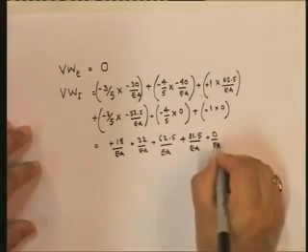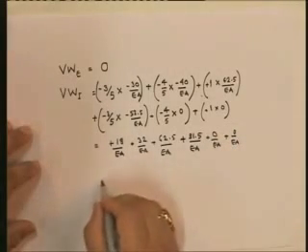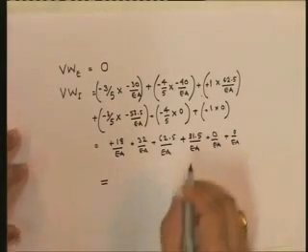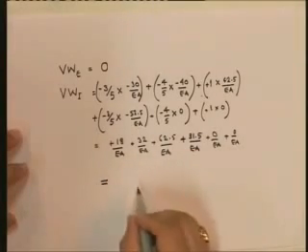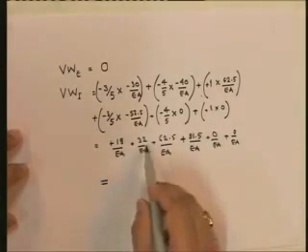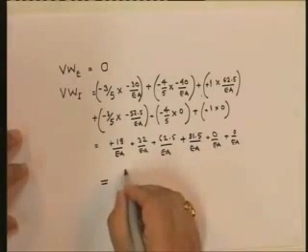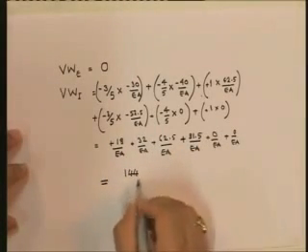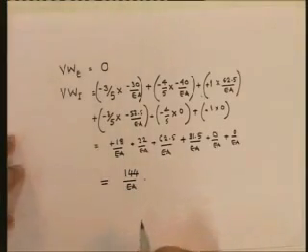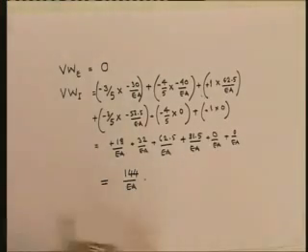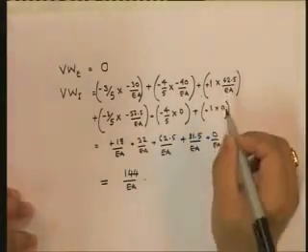So the total virtual internal work done is equal to, what is it? 18 plus 32, 50. 50 plus 94, 144 upon EA. That is the internal virtual work done by all the forces in all the members.